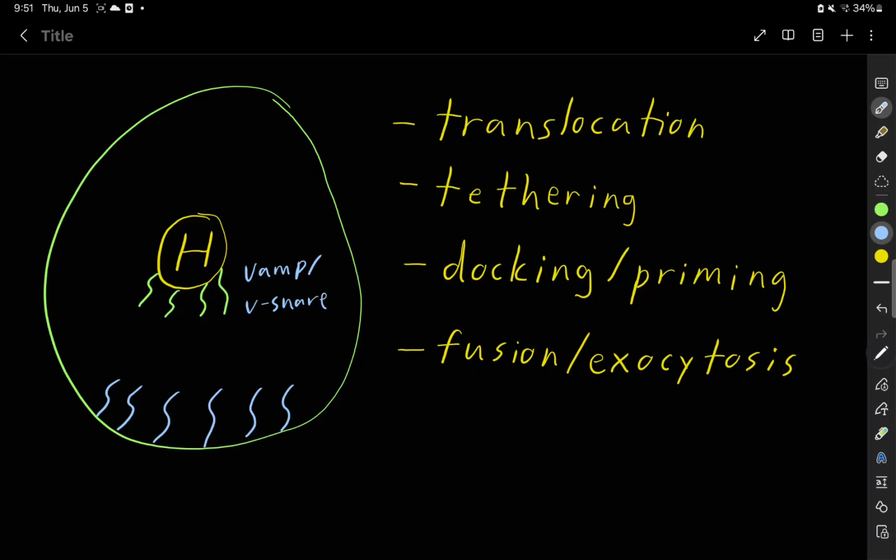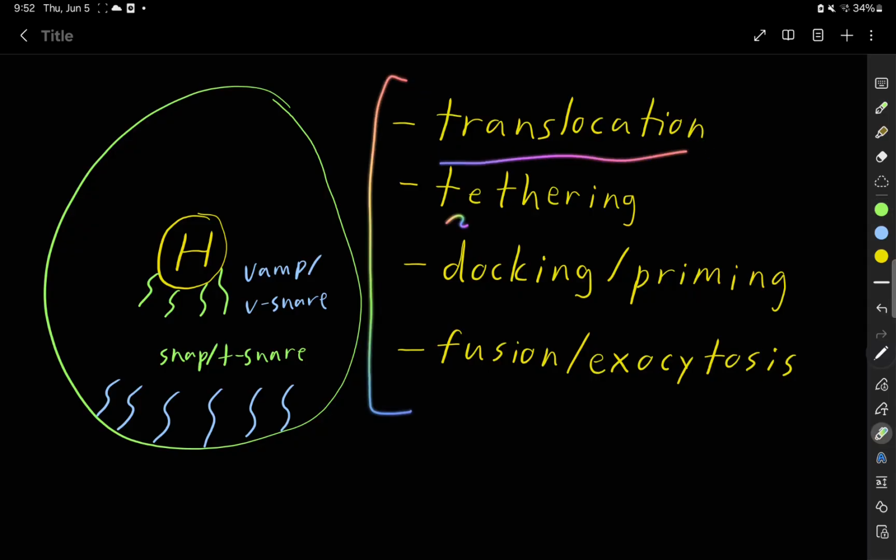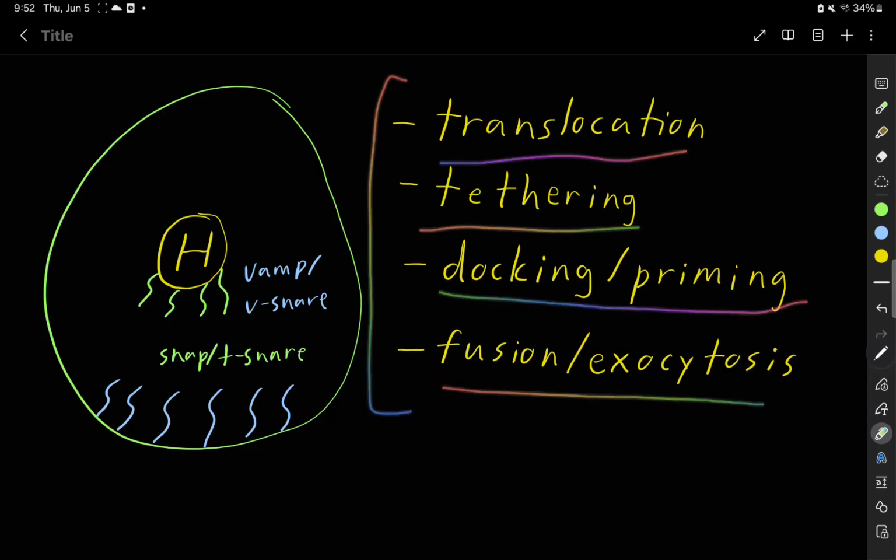You can remember the V is associated with vesicle or granule, which is basically the same as vesicle. And then these proteins are known as SNAPs or T snares. Now these proteins are critical for the release process. And the release process happens with these 4 steps: translocation, tethering, docking and priming, and fusion and exocytosis.